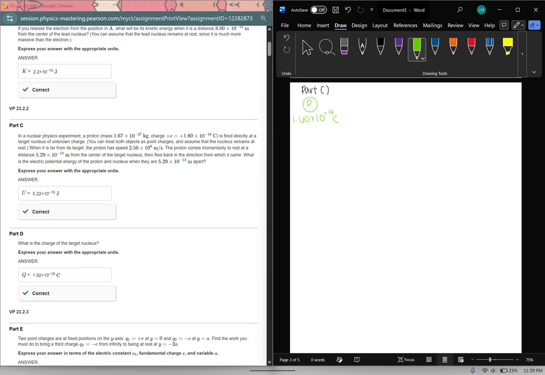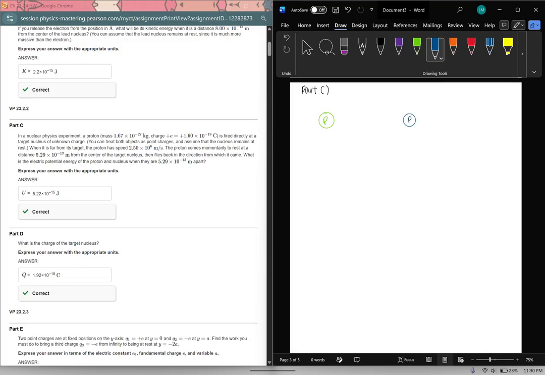I think I made a mistake. This is not what I meant to write. So we actually have two protons. We're going to draw two circles. So proton 1, and then we have the blue for this one, another proton. This one's a little far from the nucleus, and the proton has the initial speed of 2.50 times 10 to the 6th meters per second.